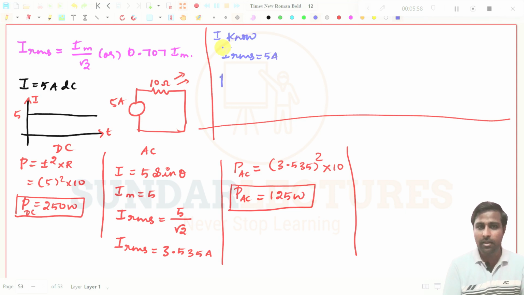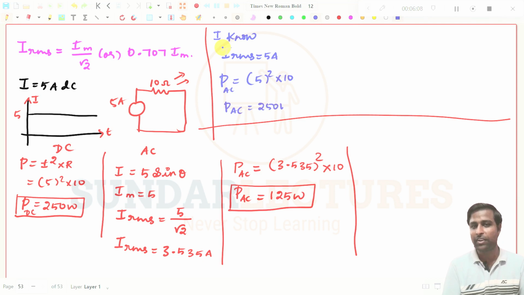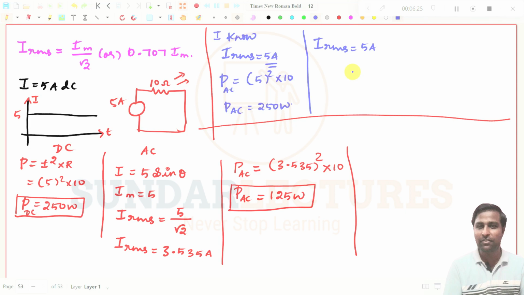So if under AC you put 5 IRMS into 10, then PAC will give you 250 watts. So IRMS should be 5 amperes. If you know the RMS value, that means 5 amperes, from that you can easily find IM, the maximum value.